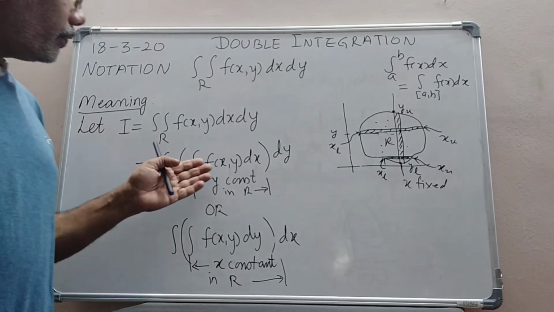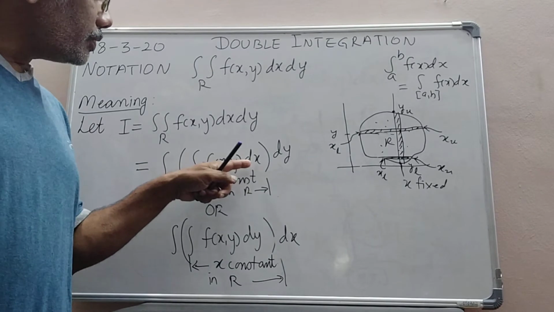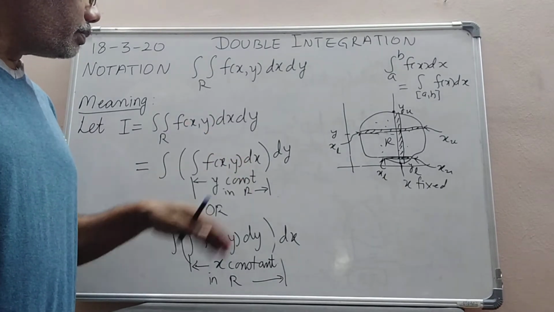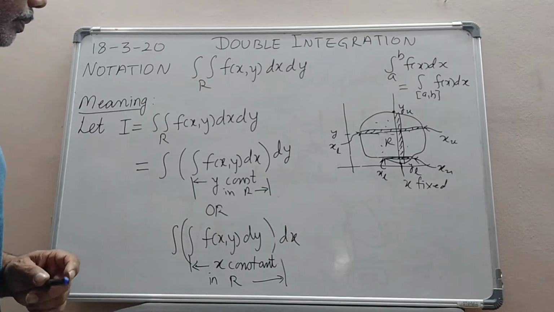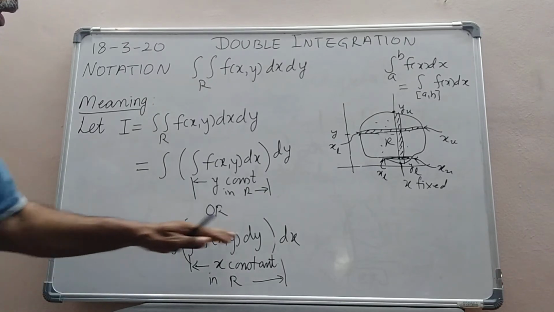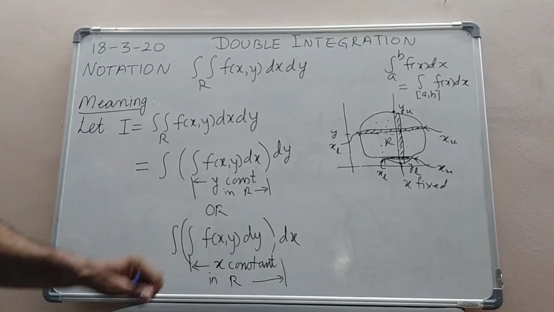Now, instead of carrying out integration first with respect to x and then with respect to y, you could have done it in the exact opposite way. And this particular line is just that.